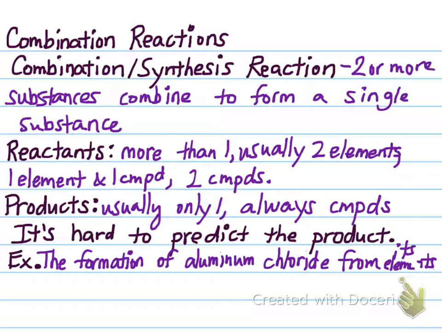The first thing we want to do is our word equation. So we want to put our arrow in the middle, and then we want to read our sentence and decide where things go. So notice it's the formation of aluminum chloride. The formation tells us that this is actually the product.